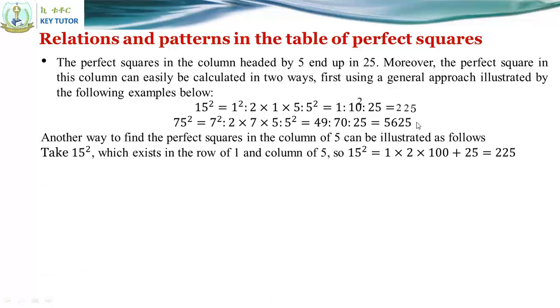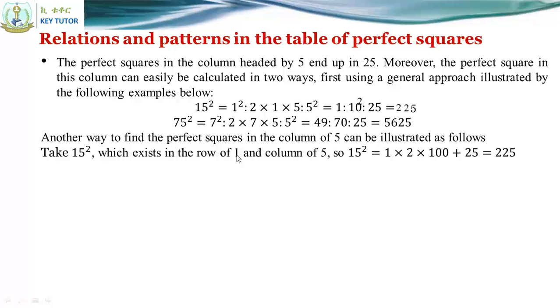The other way to calculate for the numbers in the column of 5 is as follows. Now I will demonstrate it by using the previous numbers 15 and 75 as well. So what you do is, 15 is found in the first row, right? It is a number in the first row. Mind you, the first row numbers are 10 square, 11 square, up to 19 square. So 15 exists in the first row. So that is the row number.